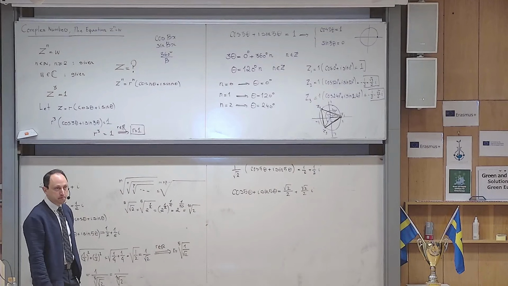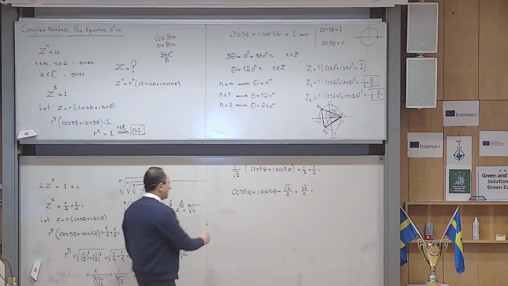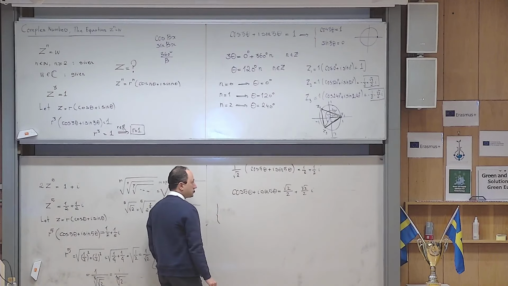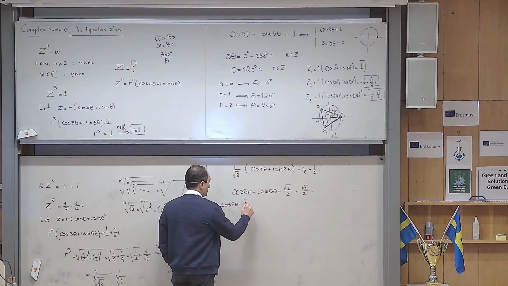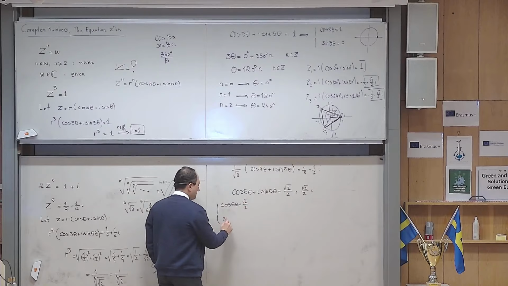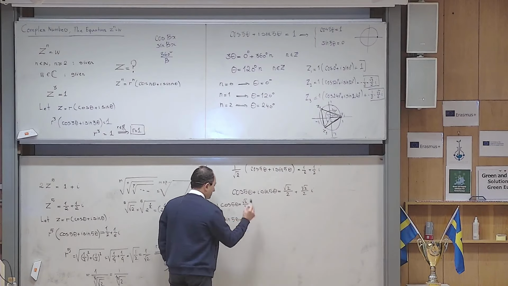Yes? And now I have two conditions to satisfy. One of them is cosine 5 theta should be square root of 2 over 2. The other one is sine 5 theta should be square root of 2 over 2.